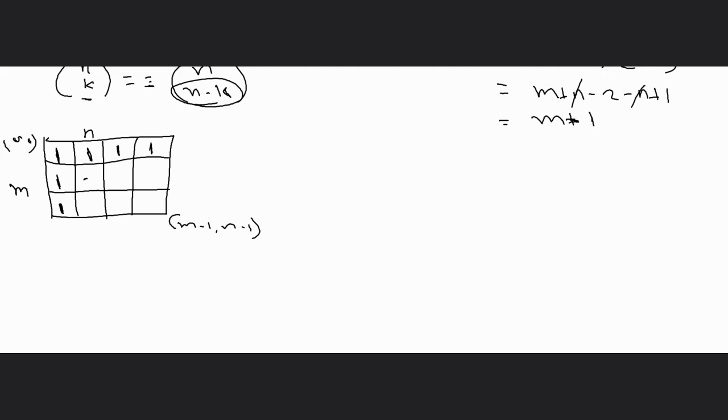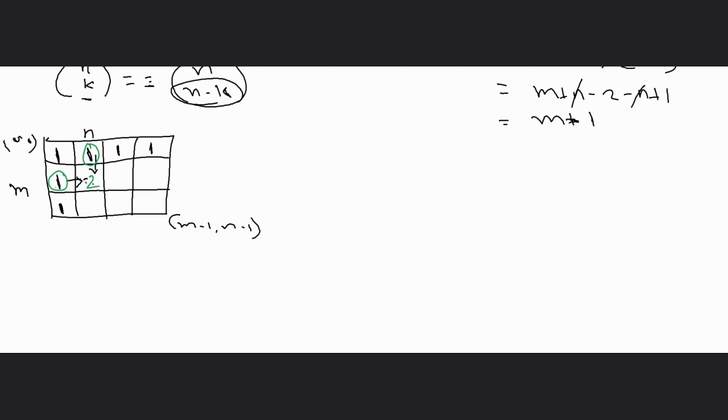For this cell, we can come into it from the top, or we can come from the left, right? So the number of unique paths for this cell is the number of unique paths from this cell plus this cell, which is 2.